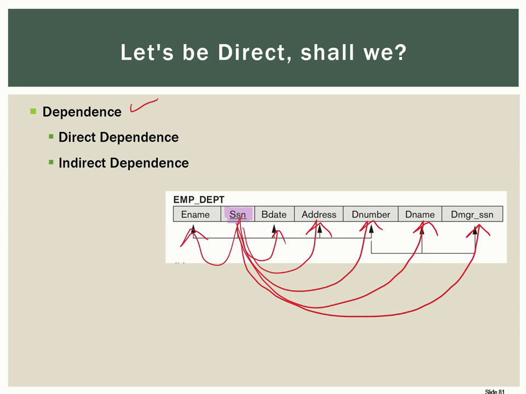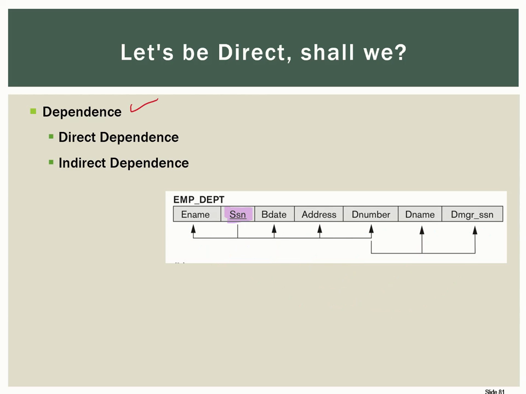But what we need to figure out is direct dependence. And as this diagram indicates, there's direct dependence of the employee name, the birth date, the address, and the department number. They directly depend on the Social Security number. But not so these two fields. The department name and department Social Security number, yes, they depend on the Social Security number, because if I know that, I know what the department name is, and I know what the department manager's Social Security number is.